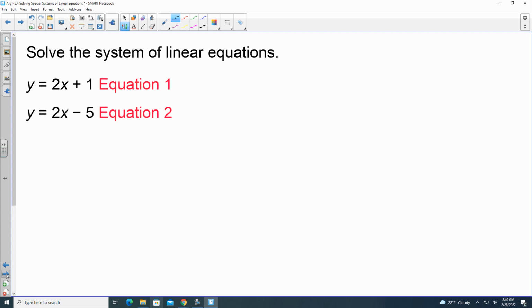The one thing that I notice right off the bat is both equations are in slope-intercept form, y equals mx plus b. And what I notice is both equations have the same slope, which means that since they have the same slope, I know that the lines are parallel.